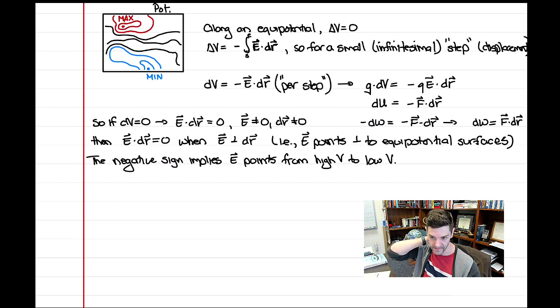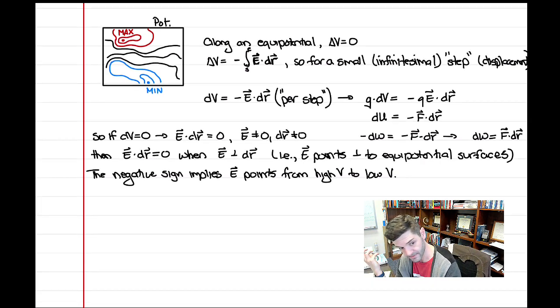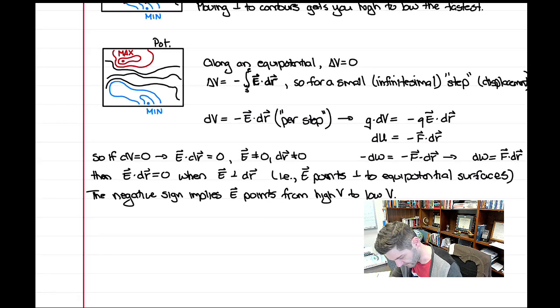Something we've seen, but again, it's nice to kind of connect it back to the drawings and conceptual ideas. So again, if I go back up to this contour map, if I were to draw the electric field at particular points, I would point it perpendicular to the contour, pointing from high to low.